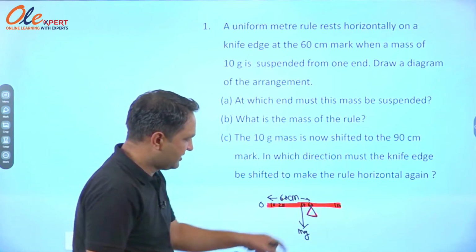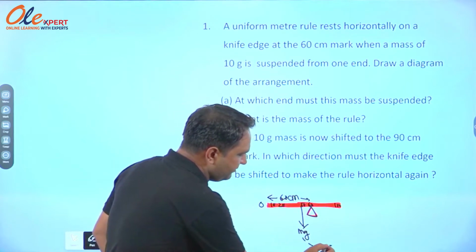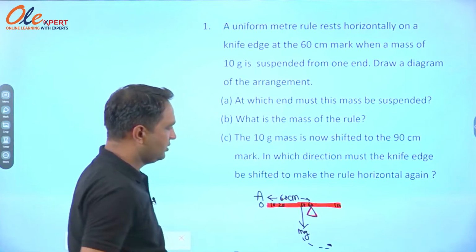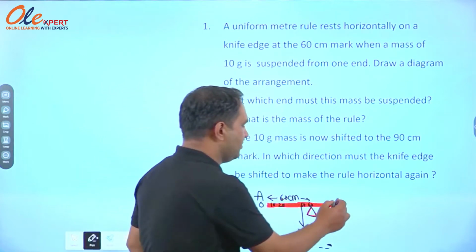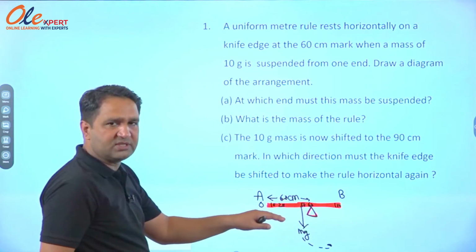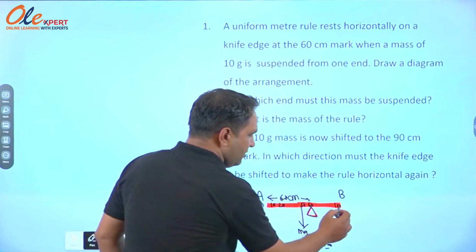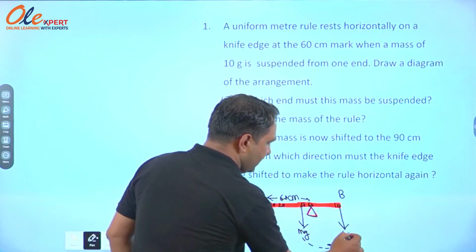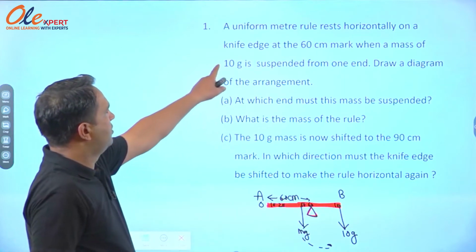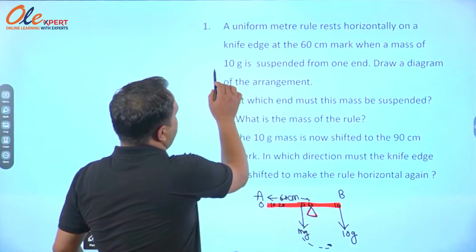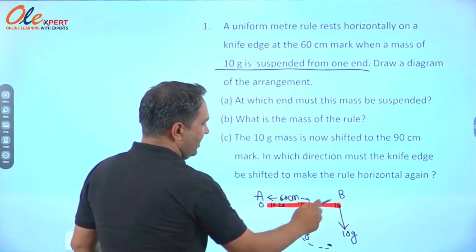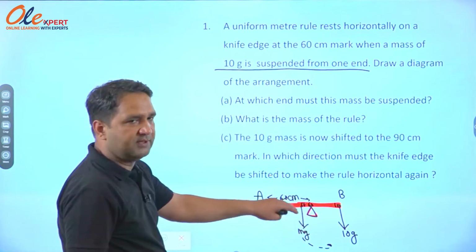Since this is anti-clockwise moment at side A, there must be some clockwise moment at side B. So we will hang our mass of 10 gram at end B, to balance the meter rule.